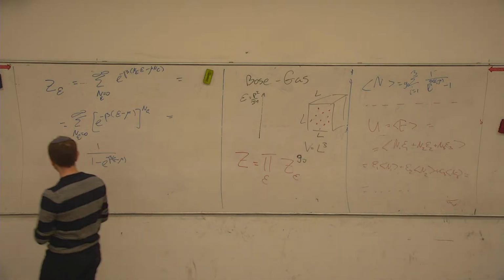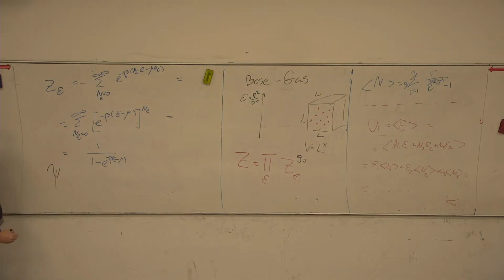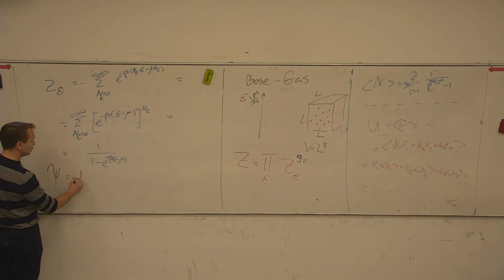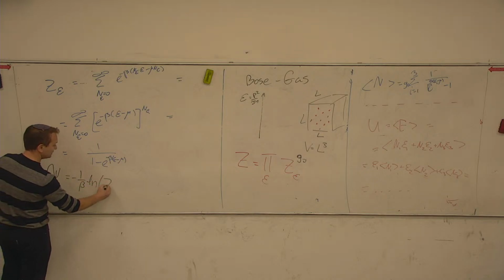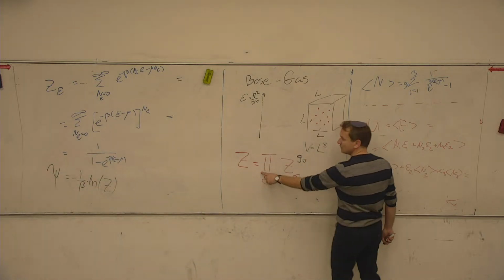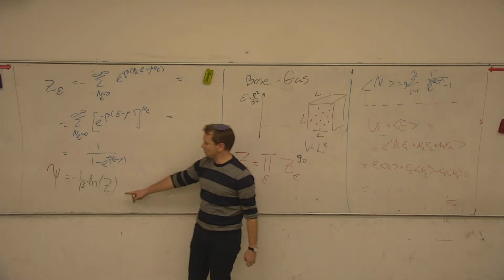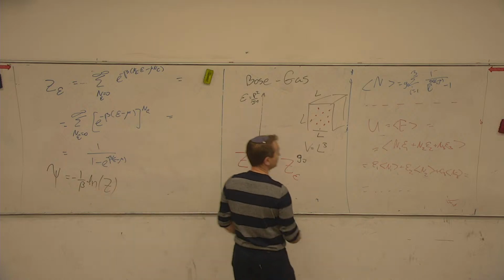If we now want to compute the grand canonical potential, which is minus 1 over beta log of z, this multiplication over epsilon turns into a summation over all the different epsilons, and we have a summation over log.